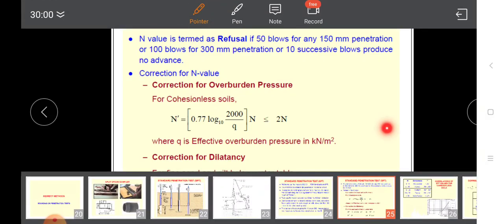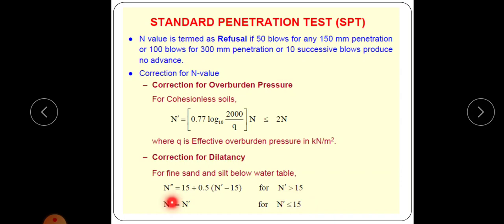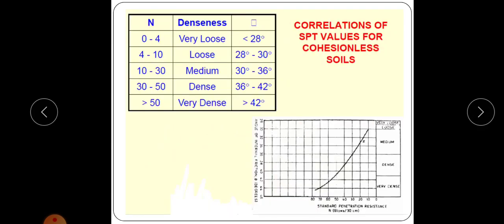If this N dash is greater than 15, the correction is N double dash equal to 15 plus 0.5 into N dash minus 15. And if it is less than 15, no correction is needed, that is, N double dash is the same as N dash. This is for fine sand and silt below the water table. It will be clear by doing one problem.